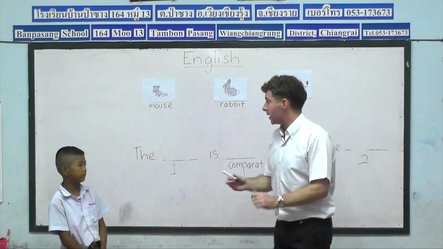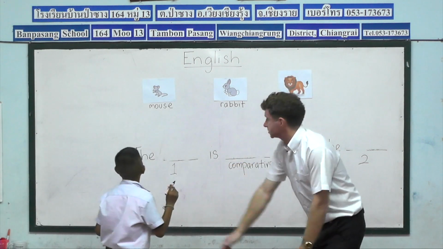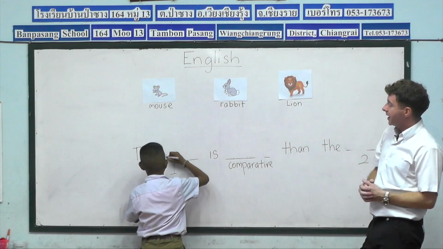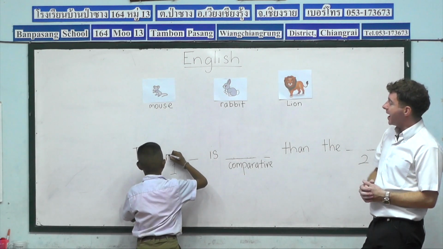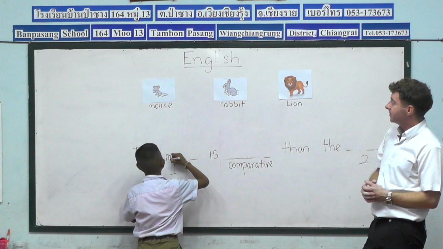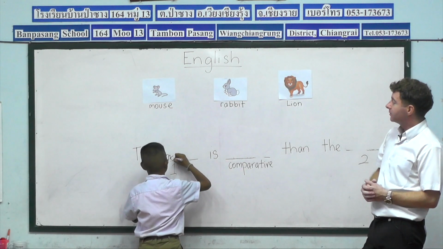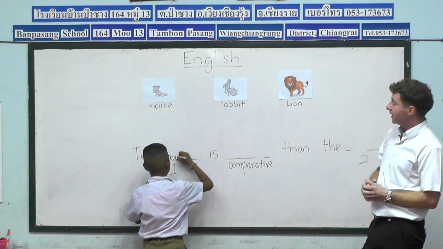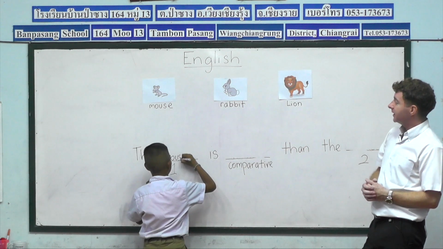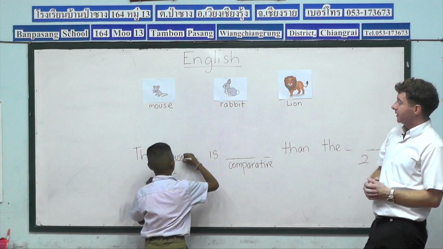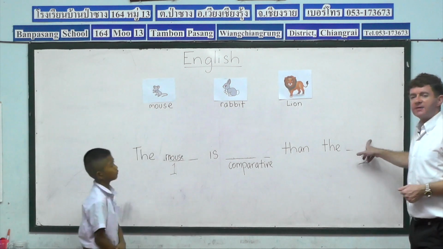Mouse. Okay, so Pat, can you write the word mouse? M-O-U-S-E. And then we'll think about our second animal.